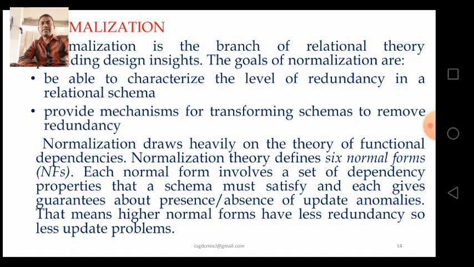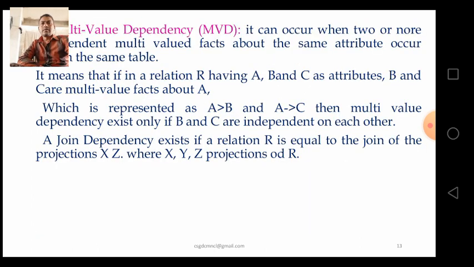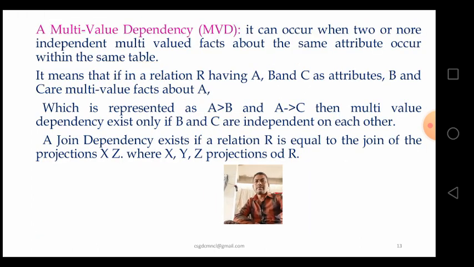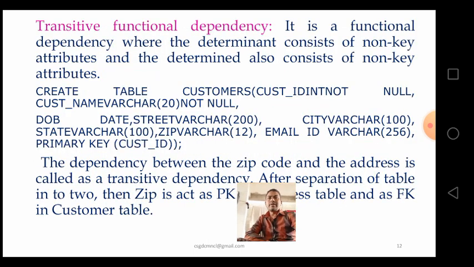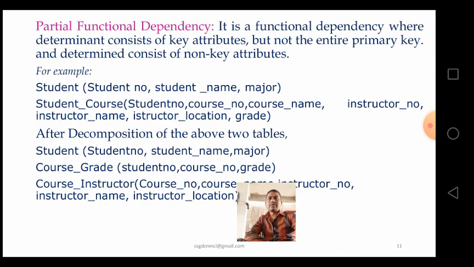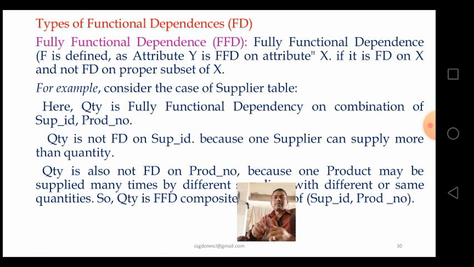In the previous class we discussed different types of functional dependencies. Once again, I repeat, types of functional dependencies. In that, fully functional dependency is one type of functional dependency.